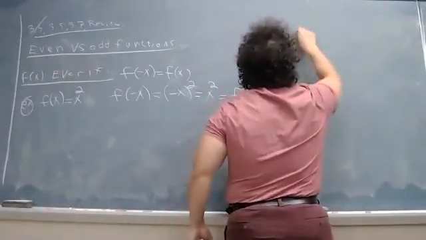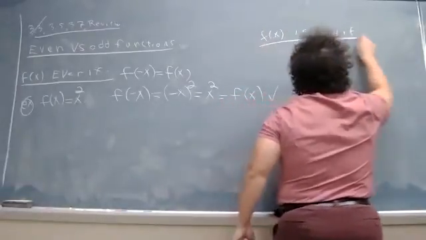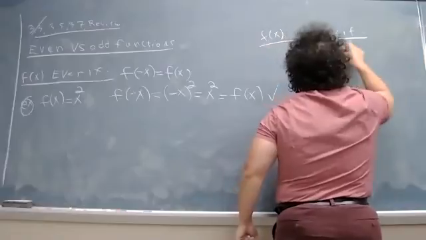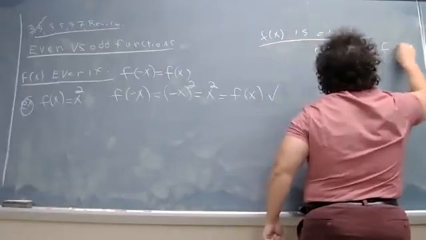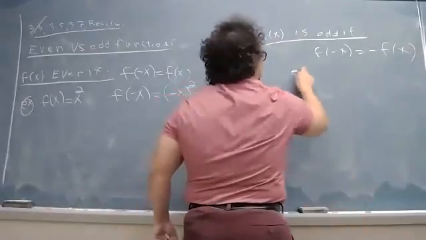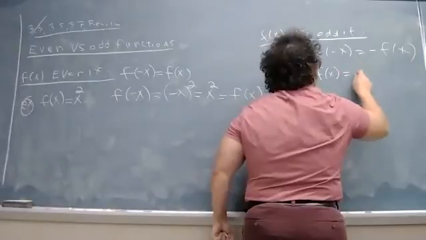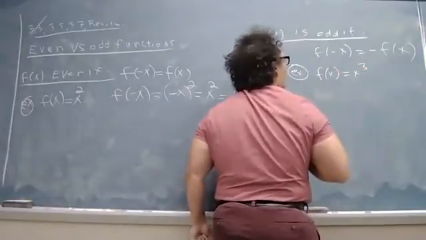f of x is odd if this happens. f of negative x is equal to negative f of x. Here's an example. f of x is equal to x cubed. Why?